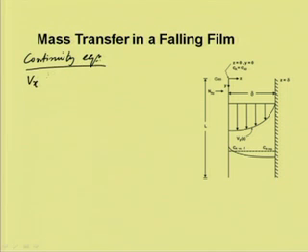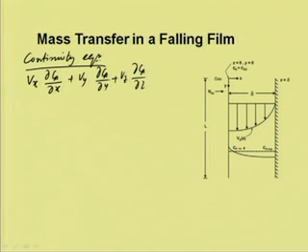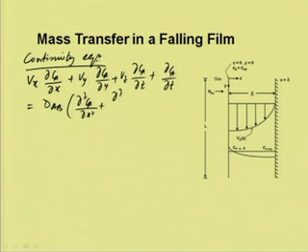Vx del Ca del x plus Vy del Ca del y plus Vz del Ca del z plus del Ca del t will be equal to DAB into del 2 Ca del x2 plus del 2 Ca del y2 plus del 2 Ca del z2 plus Ra, the rate of reaction.